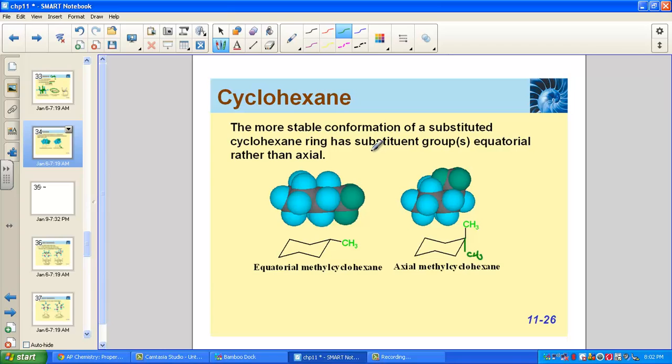So substituent groups can either be equatorial, and again, if I just see it coming off in the same plane, equatorial positions. All of those would represent ways that molecules can have a little branch coming off, lying in the same plane.